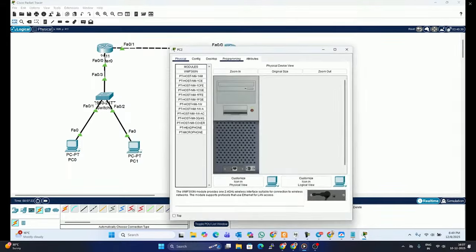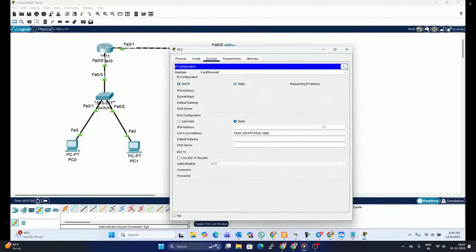But if we go to the other user's desktop IP configuration, you will notice that they're not getting an IP address.